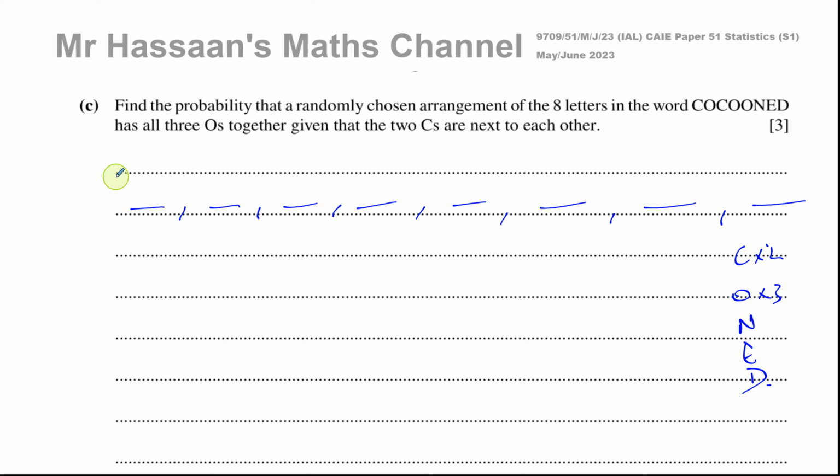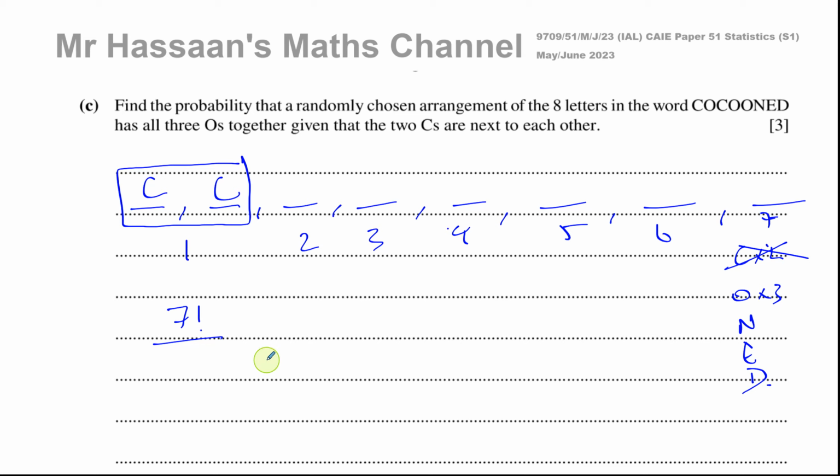The two C's being next to each other means that you've got a block. This block is fixed, and those C's are now gone from our system. And we have 1, 2, 3, 4, 5, 6, 7. These C's can move along or within this group, but they must stick together. So it's like one block. So we have 7 different items to arrange, so 7 factorial. But then we have to think about the repeats.